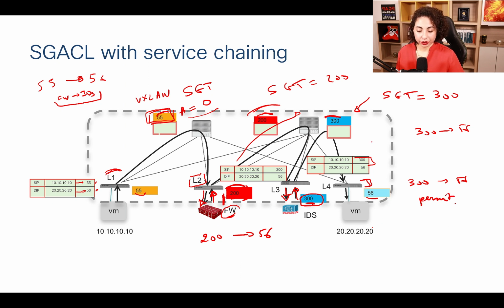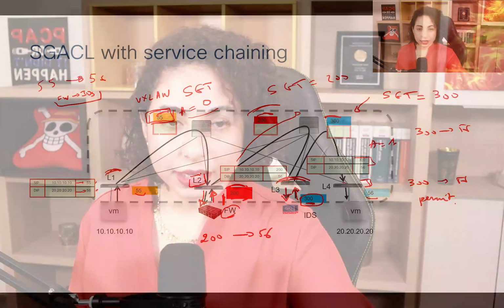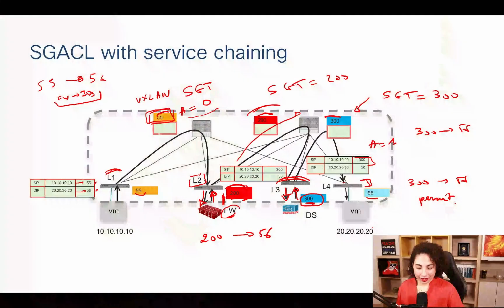And here, actually, the A bit will be 1, set by Leaf 3, so that Leaf 4 just knows that it can forward. So this is the global idea of swapping the ESGs all along the journey of the traffic across the fabric.